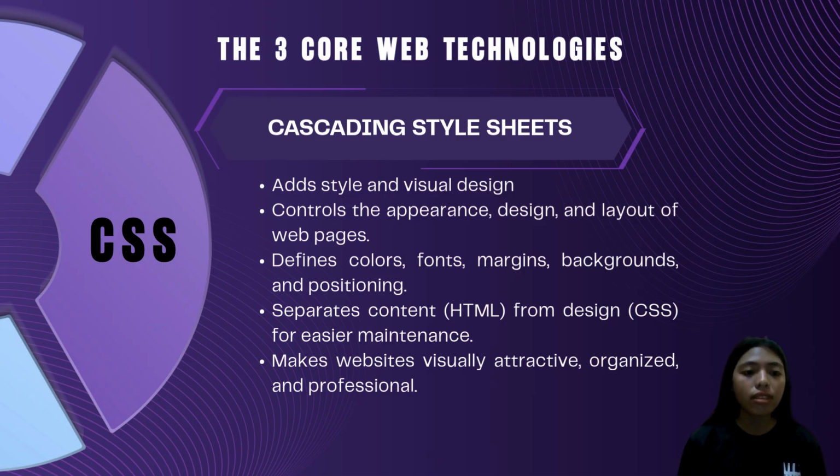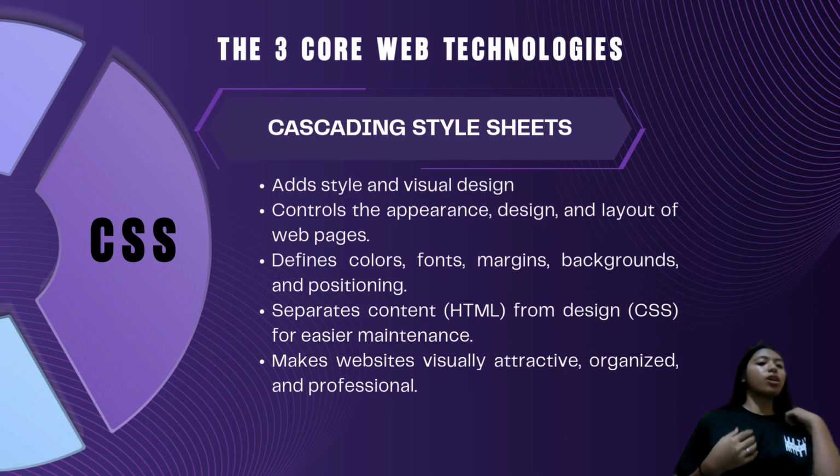CSS, or Cascading Style Sheets, is responsible for the appearance, layout, and visual design of a website. While HTML defines which elements exist, CSS defines how they look, like the colors, fonts, spacing, background, and alignment.